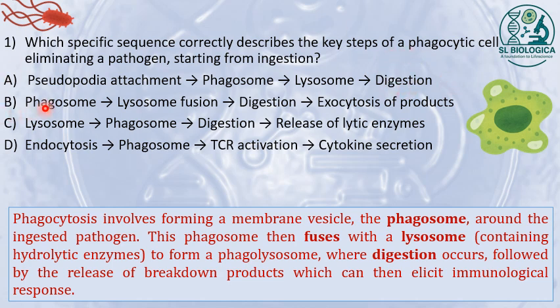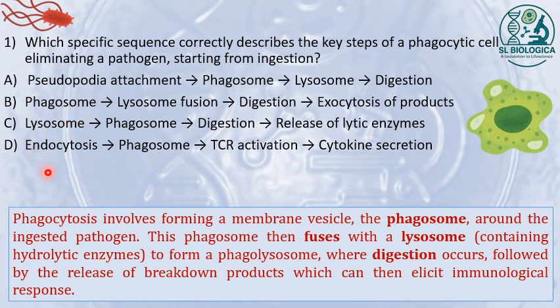The second option starts from the phagosome, then comes the lysosome fusion to form the phagolysosome, where the digestion happens with the hydrolytic enzymes of the lysosome, and these digested products are exocytosed to elicit the immunological response. So this represents the correct sequence of events associated with phagocytosis, right? So the correct option is B.